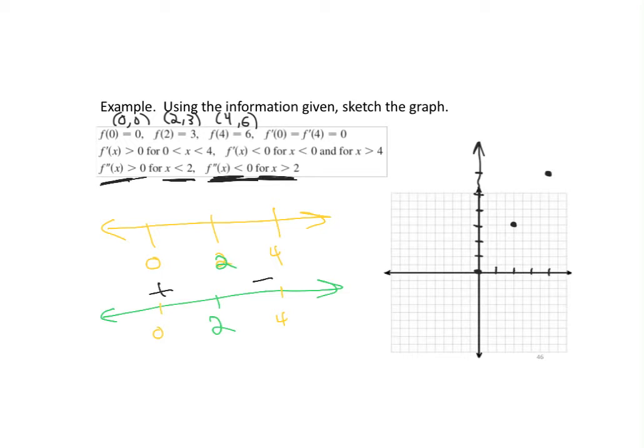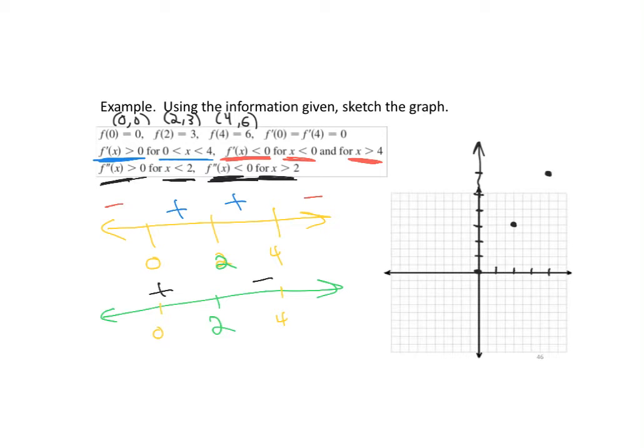We have the function's decreasing before 0 and after 4, and it's increasing between 0 and 4. So I'm going to put 2 plus signs here.